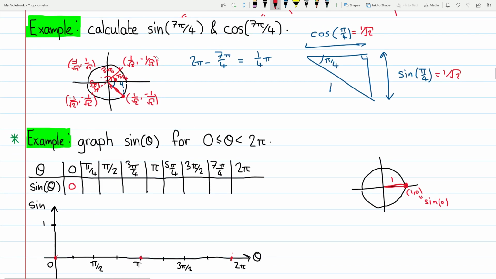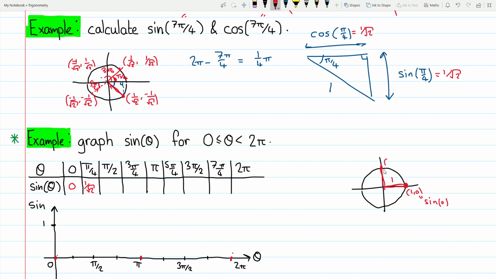Sine of pi over 4, this angle is pi over 4, and our height using our symmetry method is, why have I got a negative there? That shouldn't be negative, our height's positive. Our height over here is 1 over the square root of 2. And similarly, pi over 2, well, that's going to be the right angle up here.